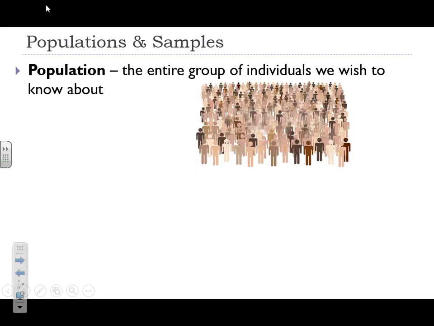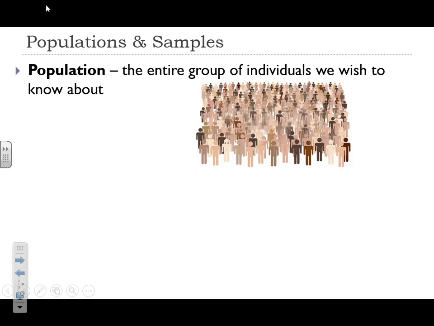You need to understand who or what you're trying to study. So I have this question I want answered. Well, who or what is this question about? Who am I actually interested in overall? So that's what we mean when we say the population. It's the entire group of people we want to get information for.